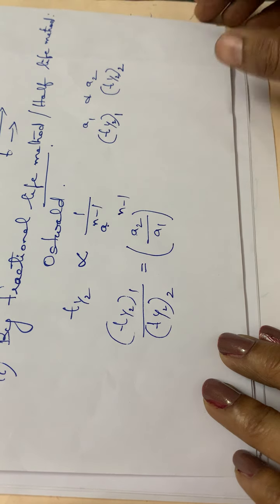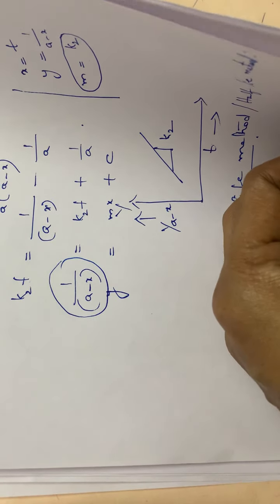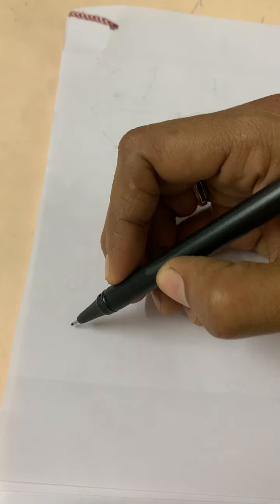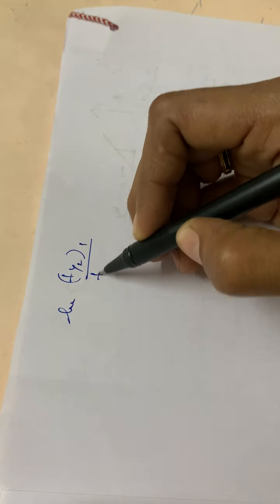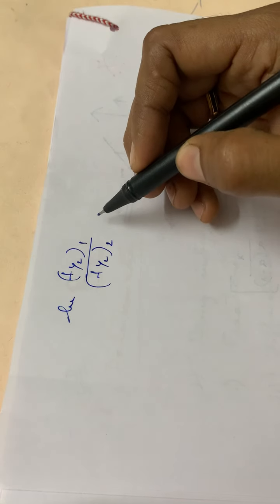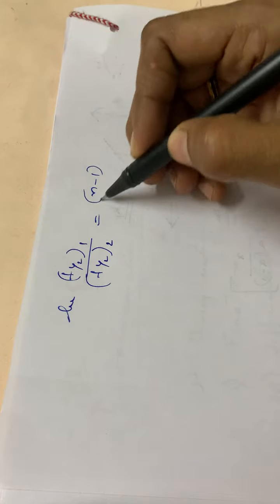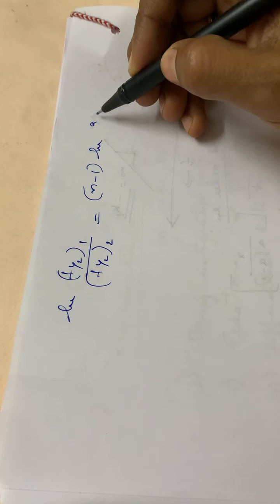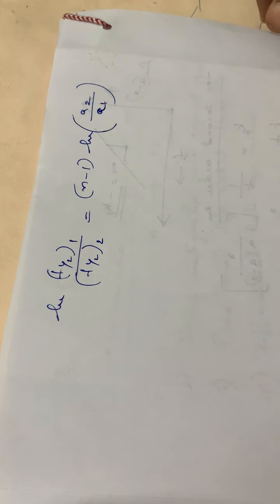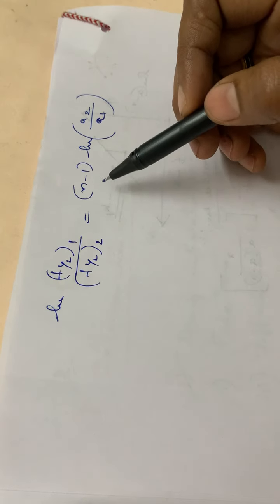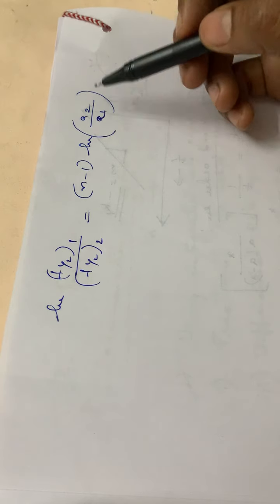Then you can take the logarithms. ln T half 1 by T half 2 is equal to n minus 1 times ln A2 by A1.